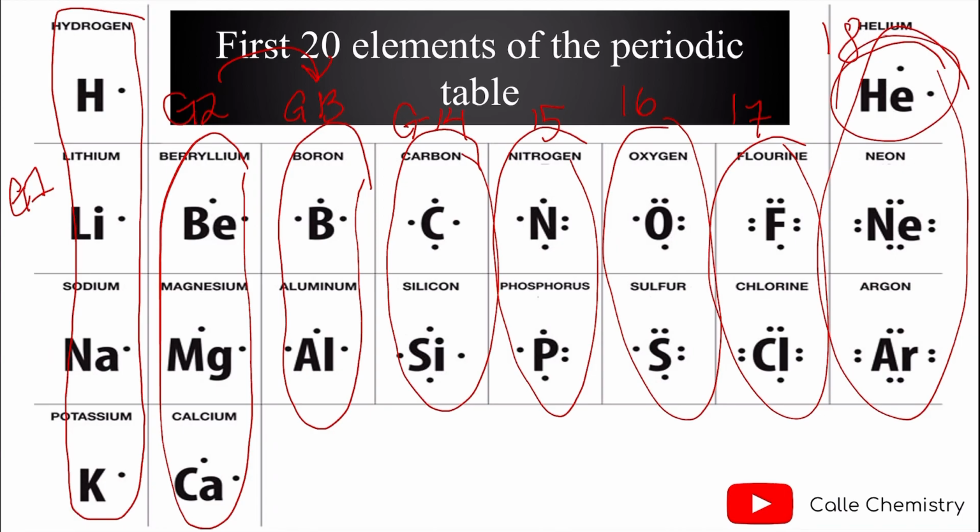Remember, atom refers to neutral, so the number of protons are equal to the number of electrons. Although it's in group 18, it only has 2 dots. The common mistake is because it's automatically in group 18, many people think, okay, right away, 8 dots. Remember, helium is one of the exceptions to the octet, so don't get tricked up. Don't forget the exceptions.